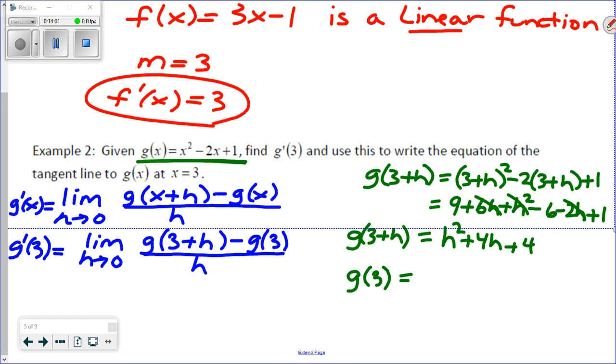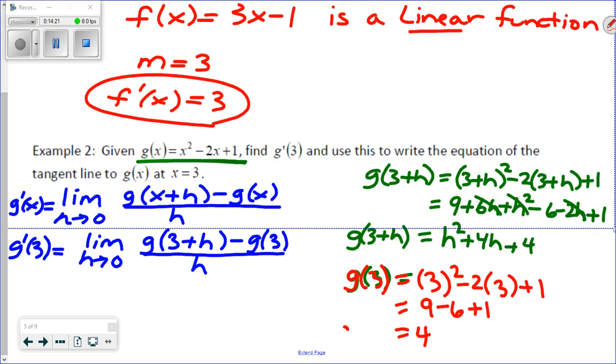Do that in a different color. Okay, so g of 3 just means we're plugging in 3 to g of x. So 3 squared minus 2 times 3 plus 1. So we'll end up with 9 minus 6 plus 1, or 3 plus 1, which is 4.